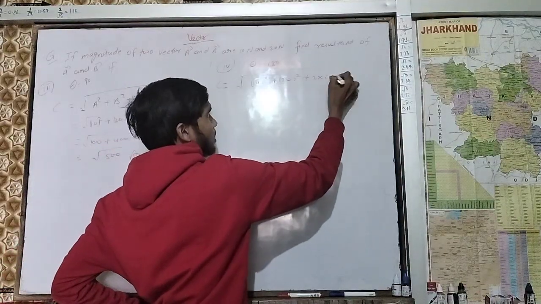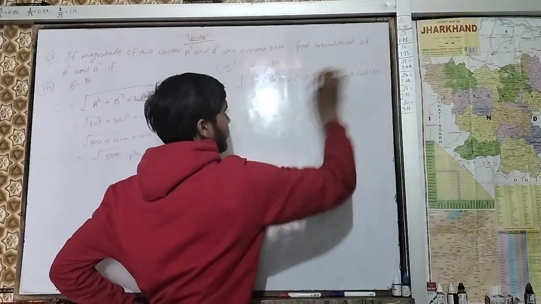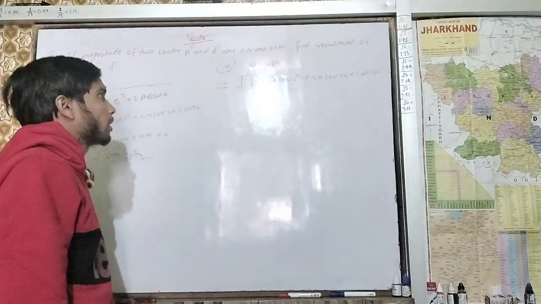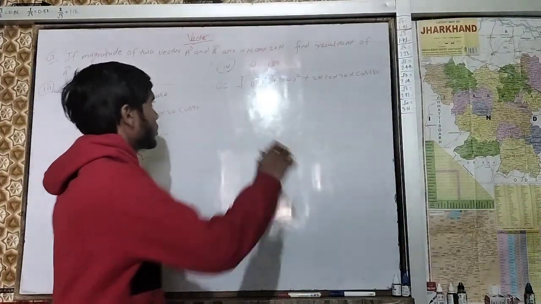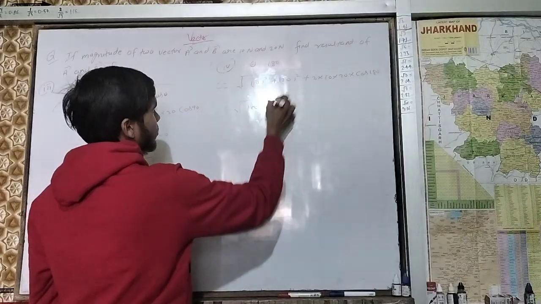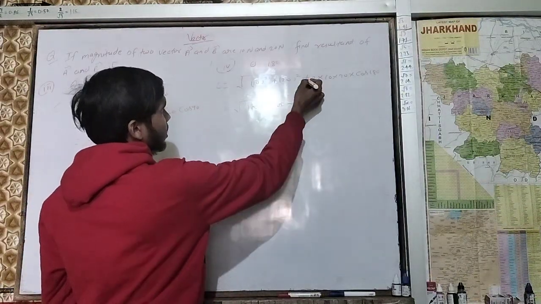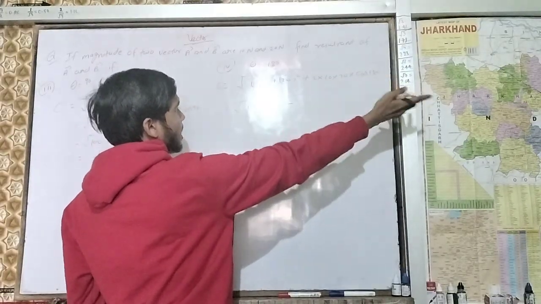A is 10, B is 20. Cos 180, the value of cos 180, is equal to minus 1. So this will become 100, this will become 400, and here it will become minus, because the value of this is minus 1.